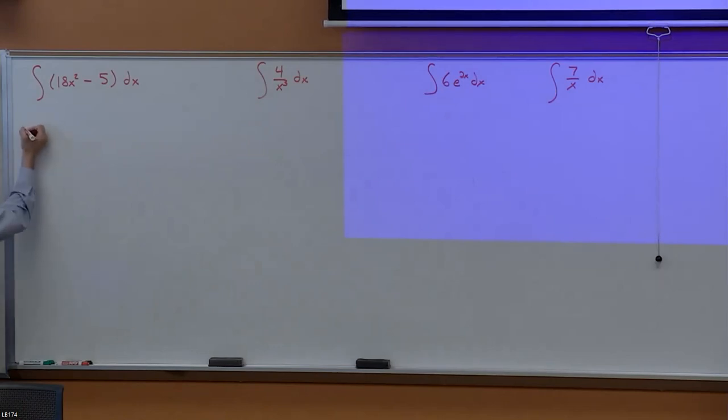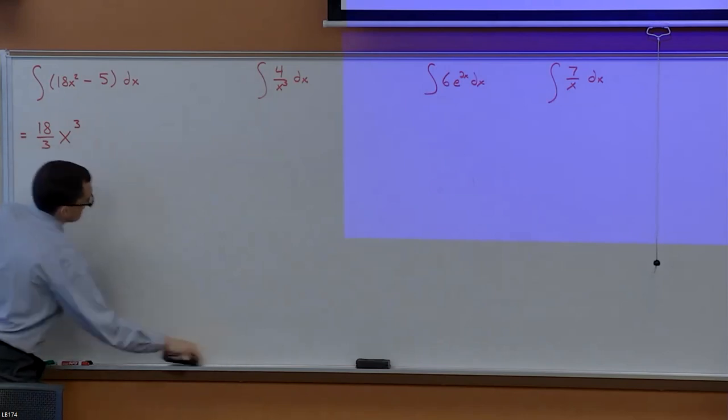So this first one, 18x squared minus 5, I'm gonna find the antiderivative of that. So I focus on this first term, 18x squared. That's polynomial, so x gets raised to the third power. The 18 gets divided by 3.